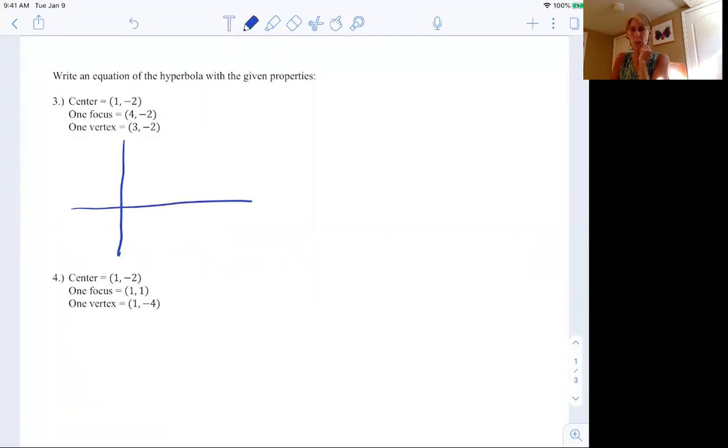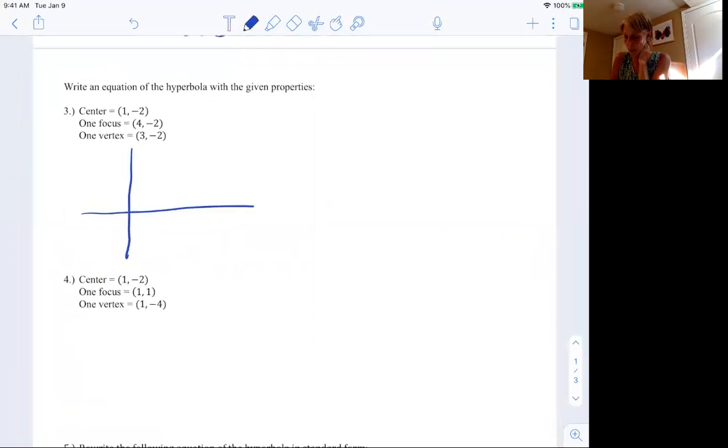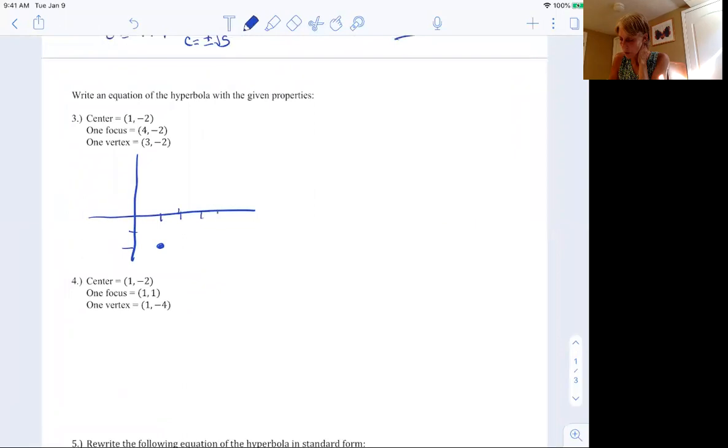plot my information. My center is at 1, -2. I have a focus at 4, -2. Center, that's a focus. And I have a vertex at 3, -2.